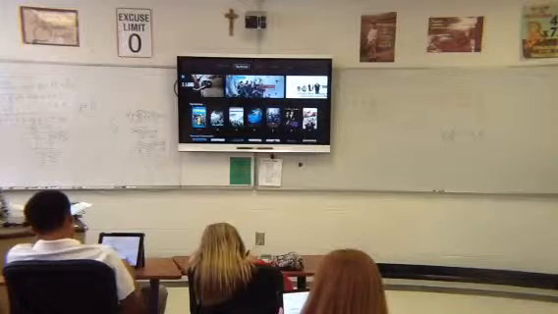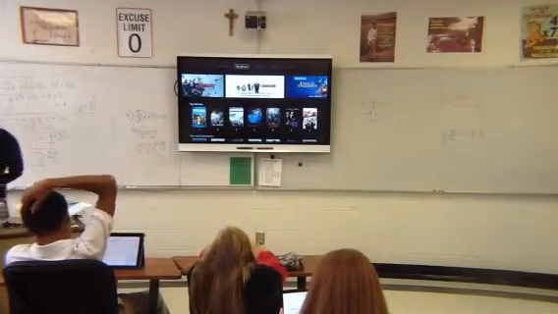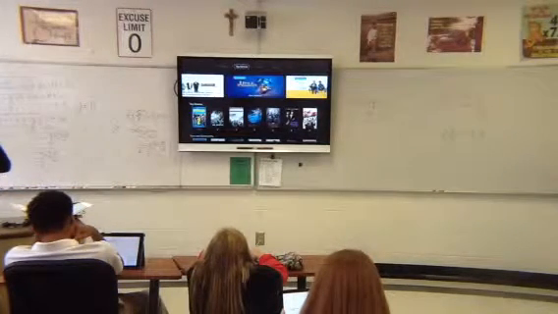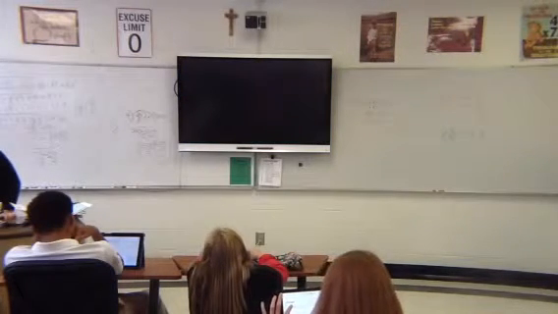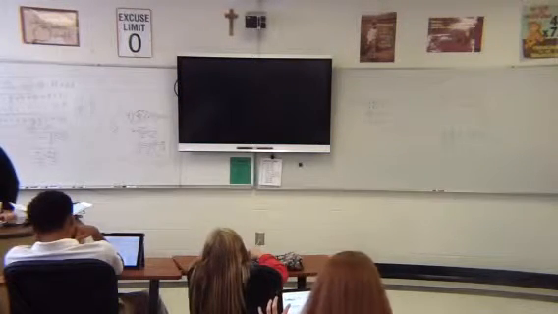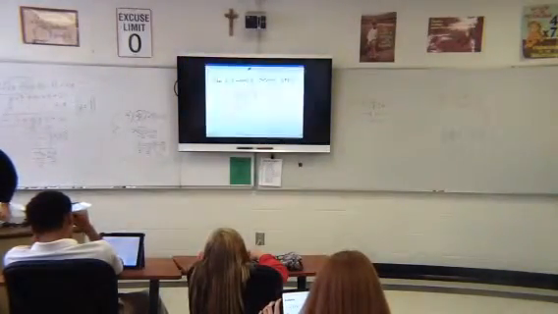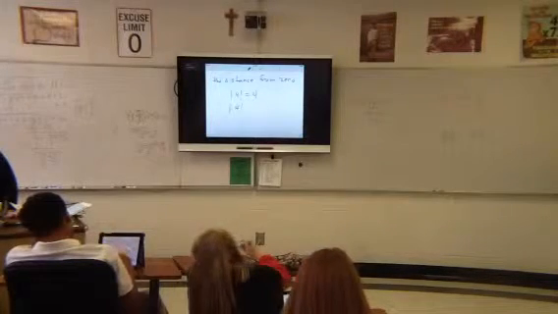So if I'm thinking about the distance from 0, and I'm thinking about 4, how far away is 4 from 0? 4. Now, what would the absolute value of negative 4 be? 4. It would also be 4.